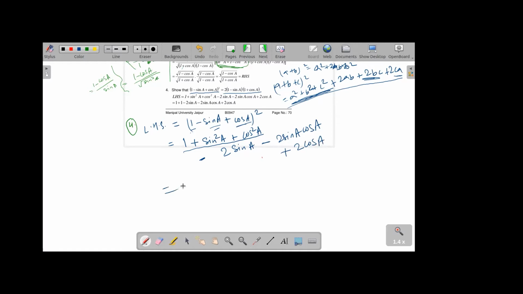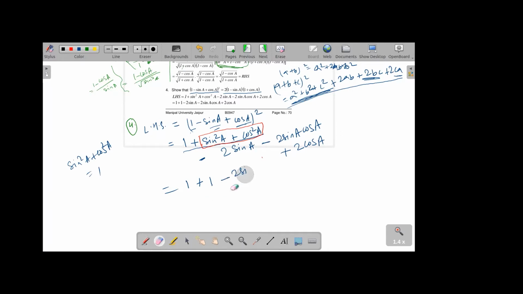Next, that is 1 plus, here it will be 1, why? This is the identity we studied last day: sin square a plus cos square a is equal to 1. And next, minus 2 sin a.